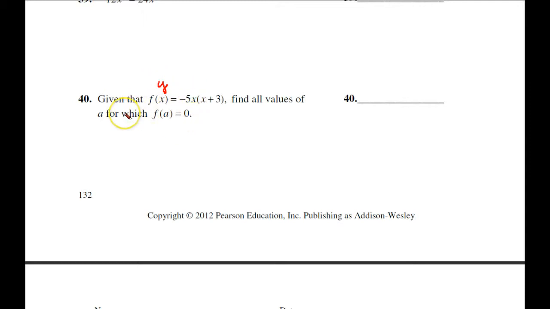So this is just the function way of showing that negative 6, let me put the right numbers here anyway, that negative 5x times x plus 3 equals 0. This is just another way of, say, finding the zeros.